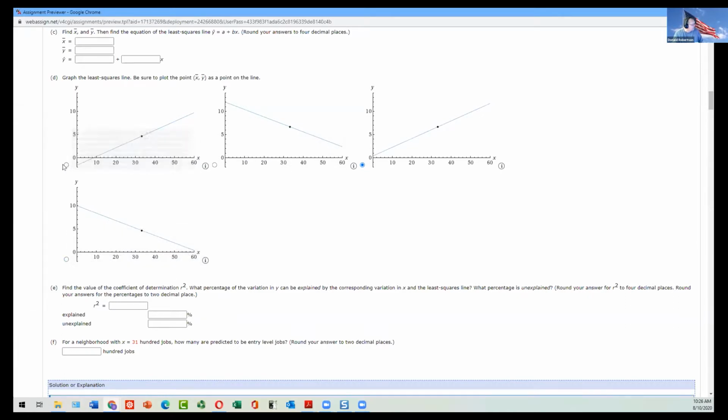And then if I look at this line and that line, how would I be able to tell which one it is if I gave you the equation? Is my equation negative 1.62? Remember that number? Negative 1.62 plus 0.188x. Wouldn't you agree that this one has a negative x-intercept?